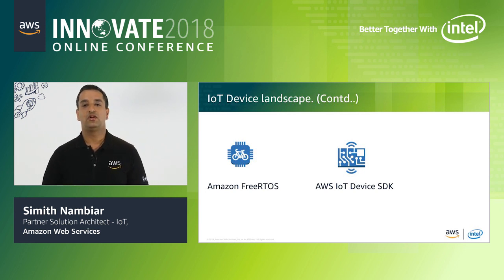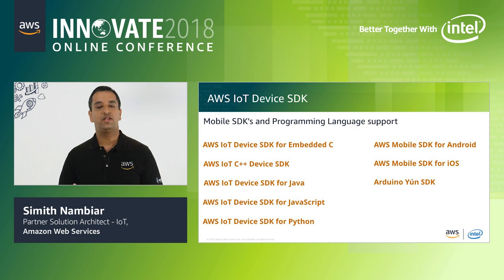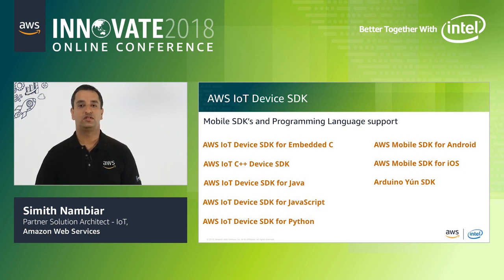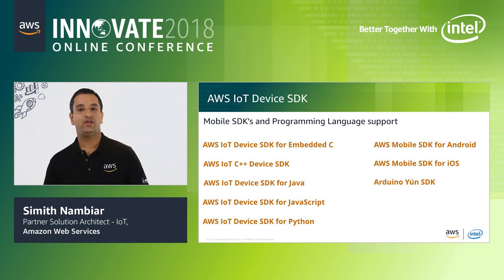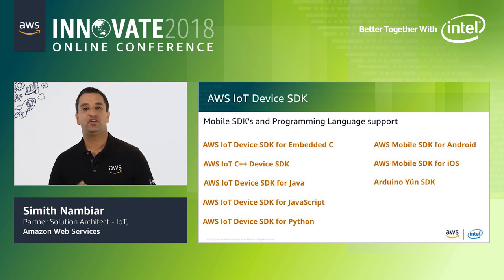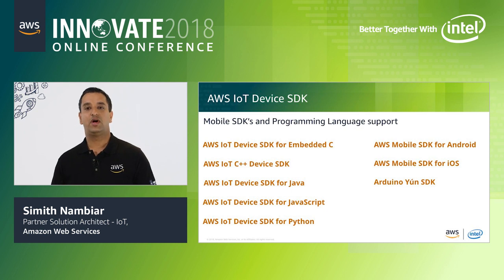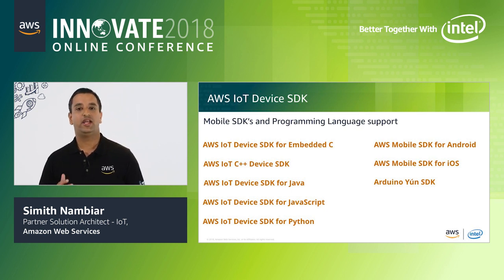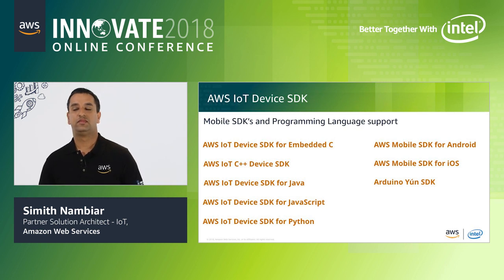These SDKs include open source libraries, developer guides with samples, and porting guides so that you can build innovative IoT products or solutions on your choice of hardware platforms. The AWS IoT SDKs are available in various high-level programming languages like C, C++, Java, JavaScript, and Python. We also provide mobile SDKs for Android and iOS, which can be used to talk to the AWS IoT Core.